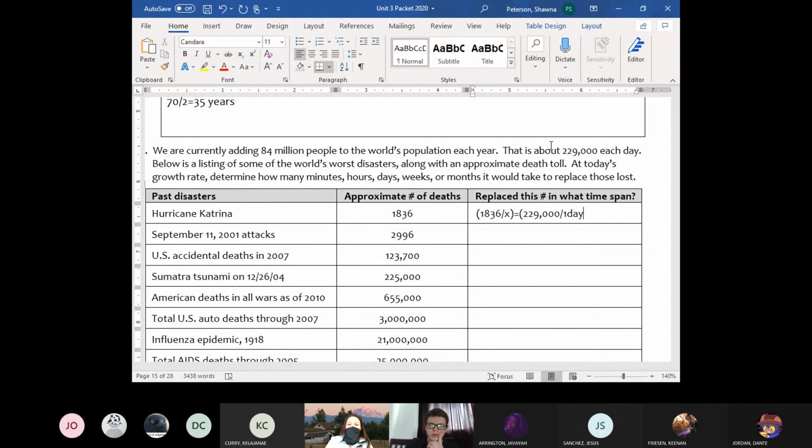That's what you've got to figure out. This is the butterfly method, I think you'd call it. So it ends up being 1,836 times 1, because it's 1 day, divided by 229,000.